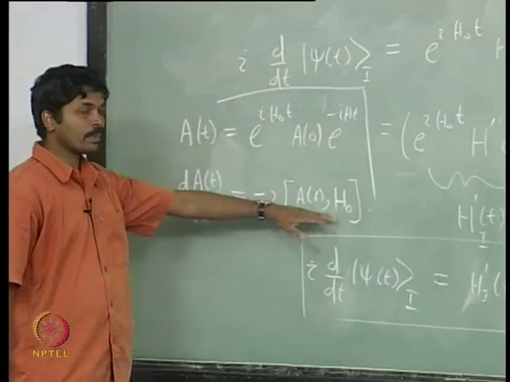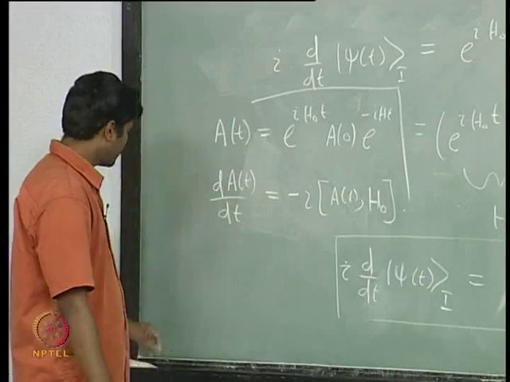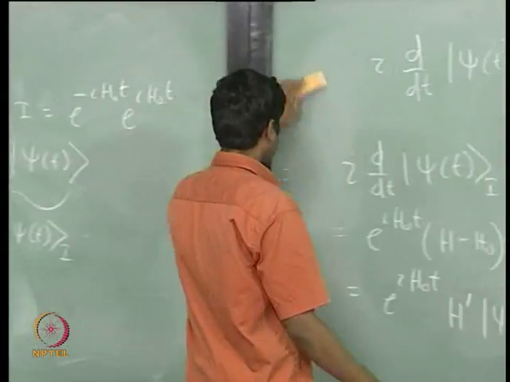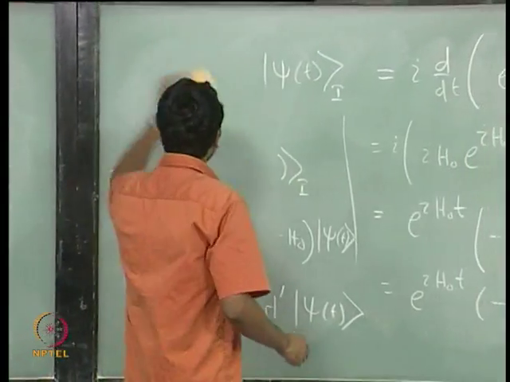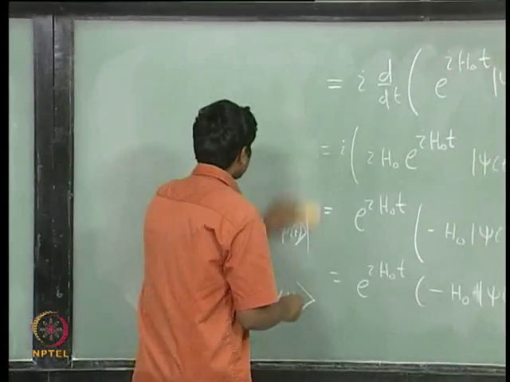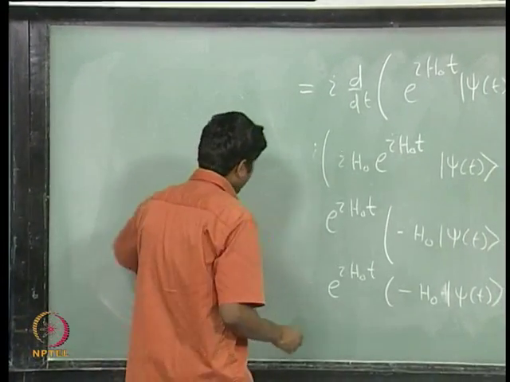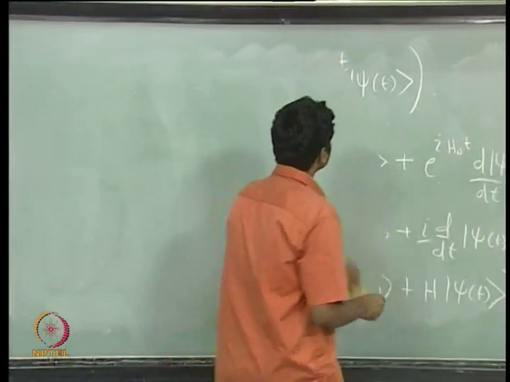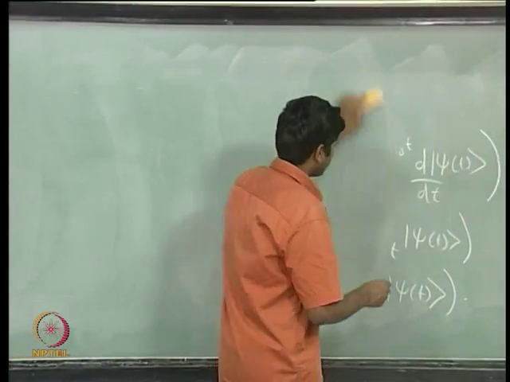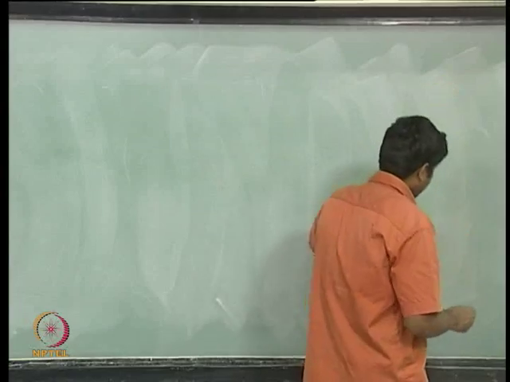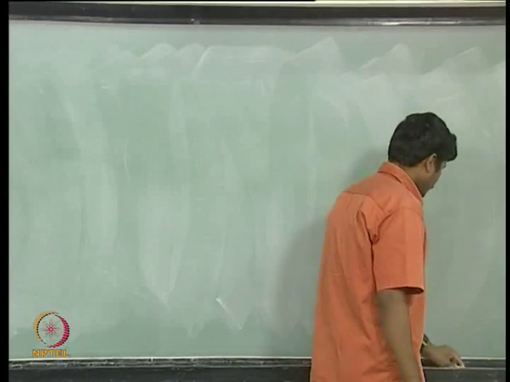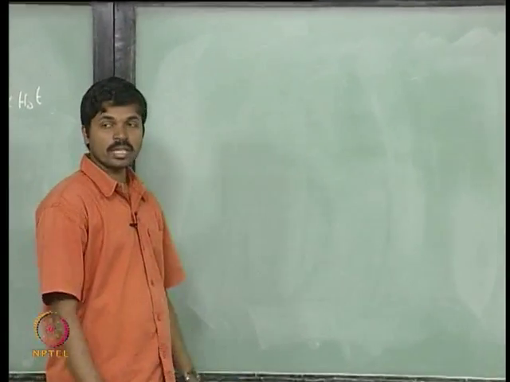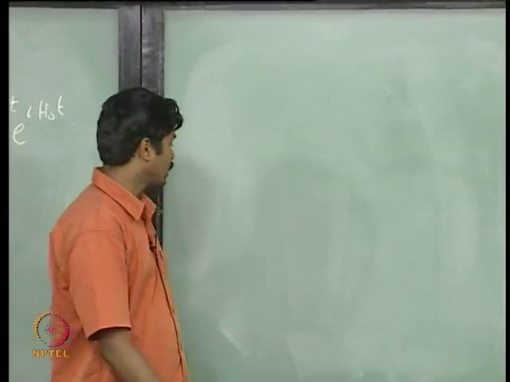So, we will use this interaction picture and then we will consider the quantization of interacting field theory. As usual, we will consider the fundamental commutation relation and then we will see what is the spectrum, whether we can find the spectrum or not, or how to proceed and all those things we will see.